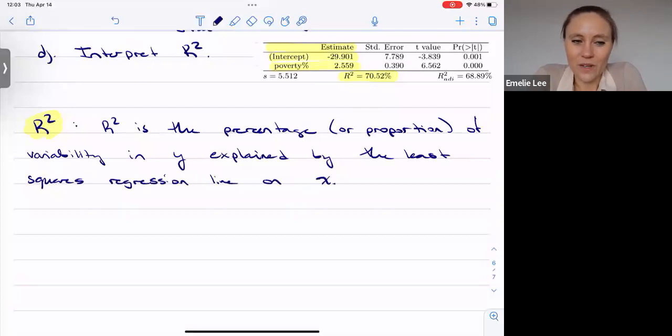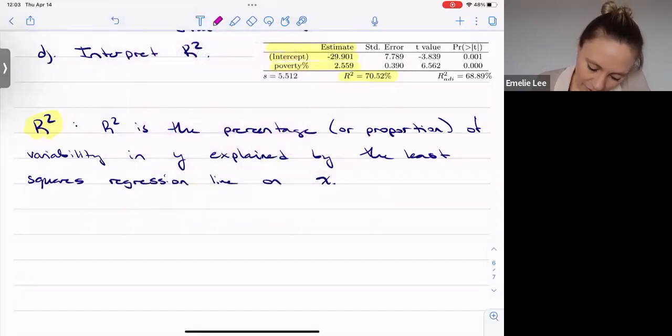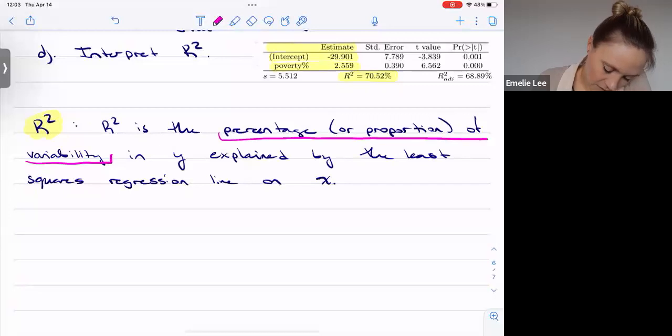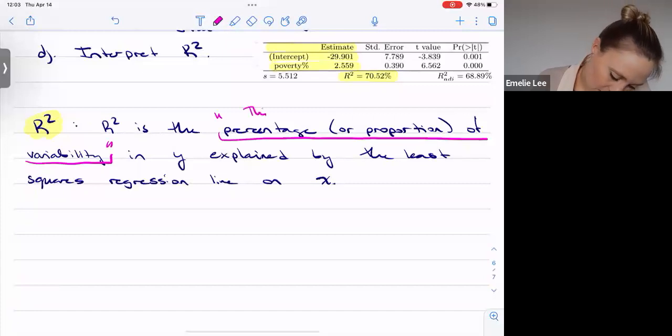So our goal today is just to start to recognize, okay, as soon as you see percentage or proportion of variability, alarm bells start going off in your head. As soon as you see this wording, think R squared.